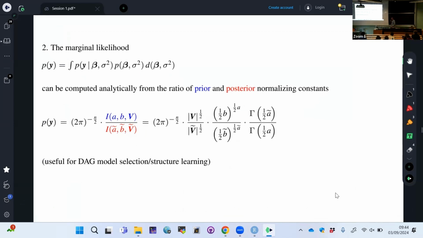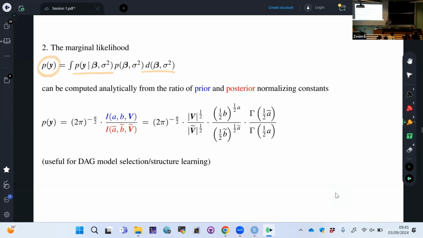So let's start from the definition of marginal likelihood, okay? So again, we start from the likelihood, which is what we wrote as p(y | beta, sigma squared). Then again, if we multiply this by the prior, p(beta, sigma squared), we obtain the joint. And if we integrate with respect to our parameters, beta and sigma squared, what we obtain is the marginal distribution of our data.